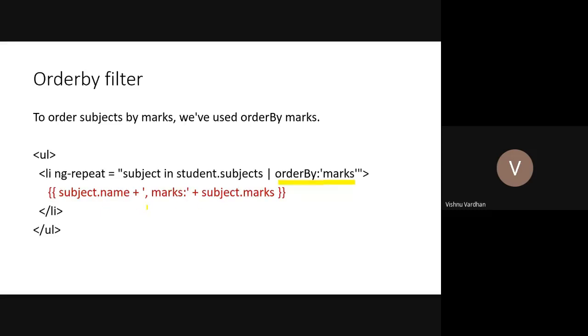Then subject dot name marks is going to be filtered on this order by clause. This order by clause can be ascending order or descending order. So as per your given clause, the filter is applied, and accordingly you will get the UI in either incrementing or decrementing order.